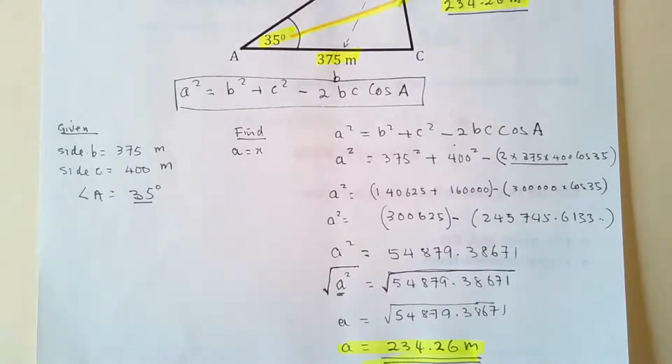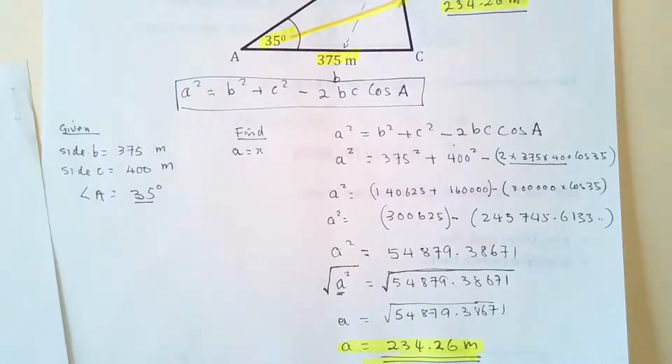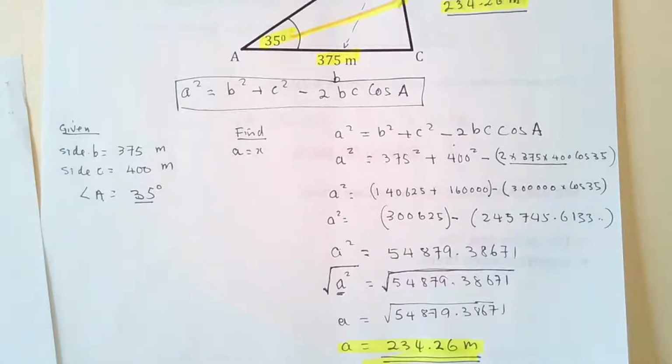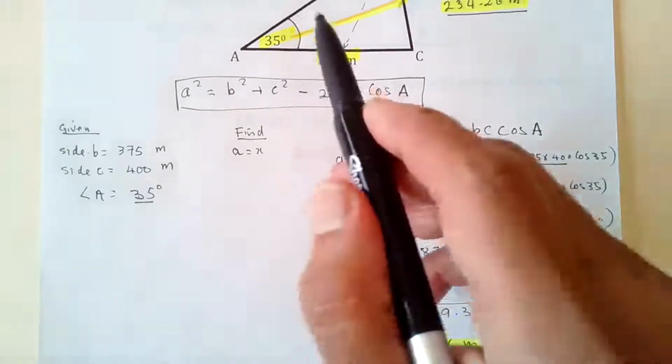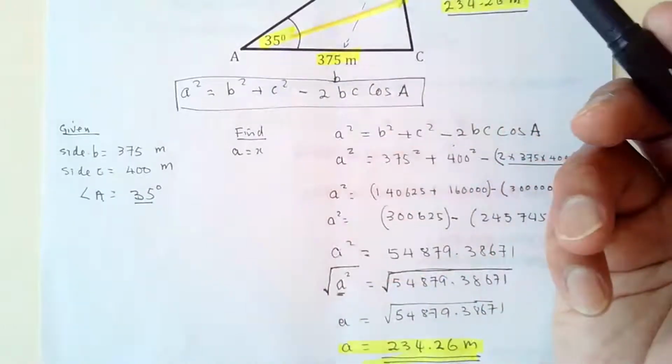Let's look at some examples from your booklet. There are two examples I would like to go over today. Remember, we use this cosine rule because we do not have a matching pair, but we know two sides and the angle in between.